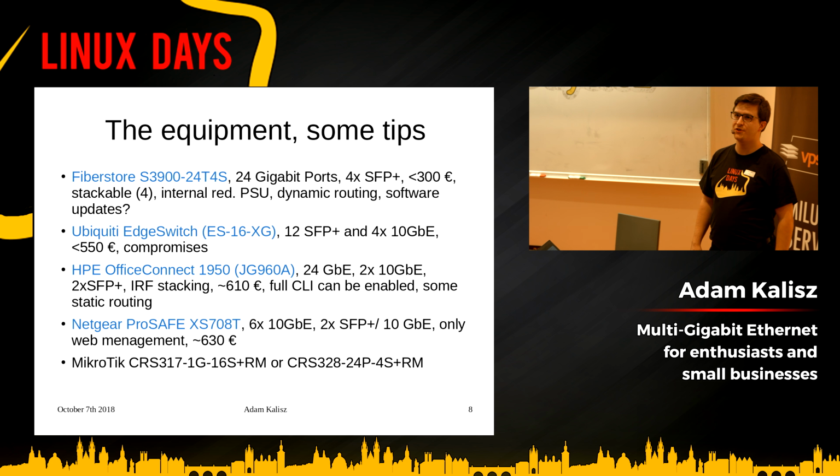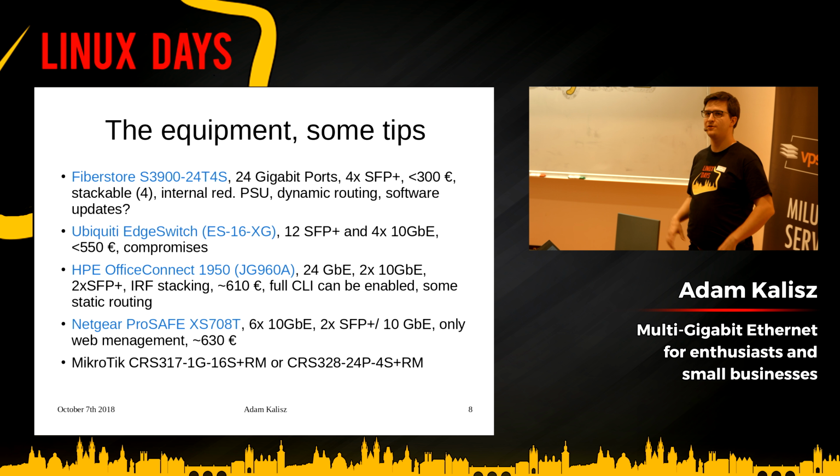Okay, so I searched a bit and I have found some switches that I propose for our solution on the budget. So the goal is to keep the whole network under 1,000 euros and connect 2 workstations or servers over 10 gigabit Ethernet to a switch that connects to the rest of the network.